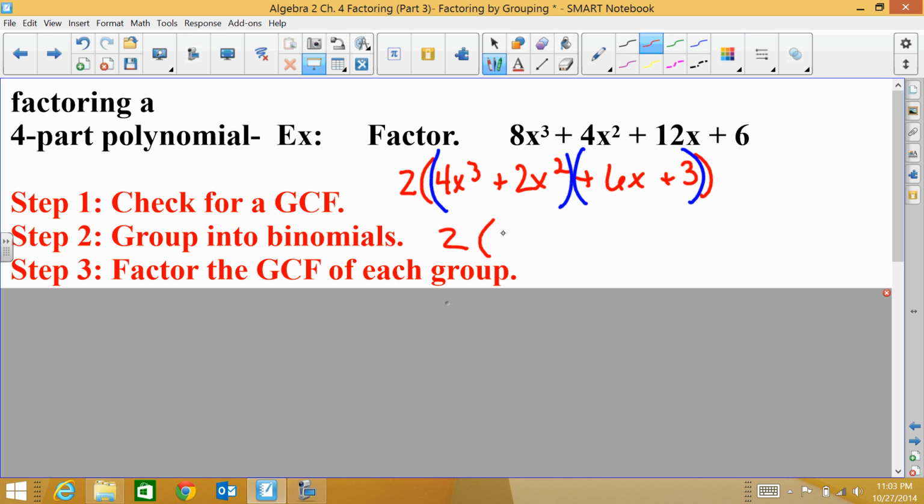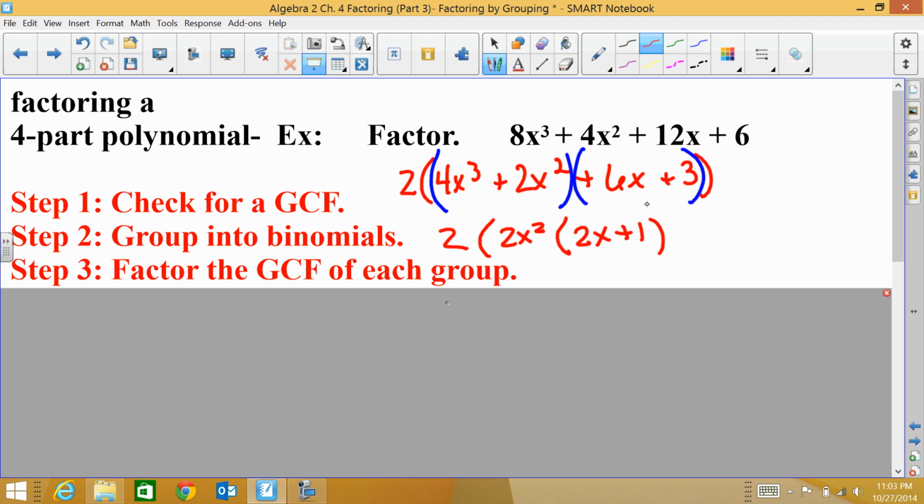So I'm going to take out a 2, and I'm also going to take out an x squared. If I take out 2x squared, then what is left? 4x cubed divided by 2x squared: 4 divided by 2 is 2. X cubed divided by x squared: if I have 3 and I take away 2, then I have 1 left over. And then 2x squared divided by 2x squared is just 1.